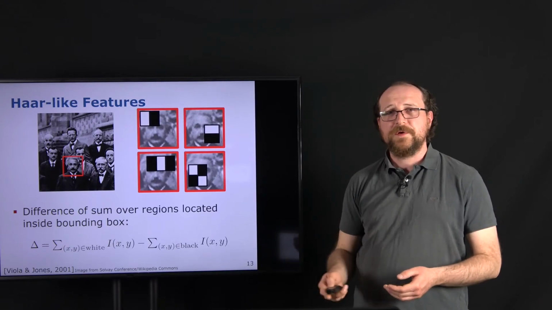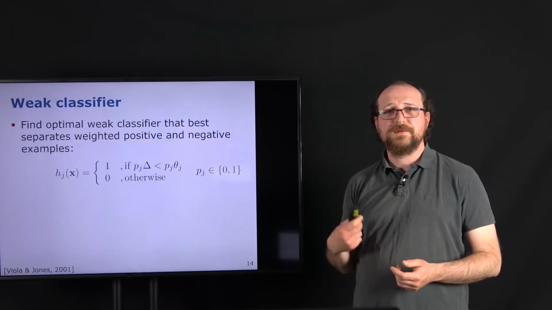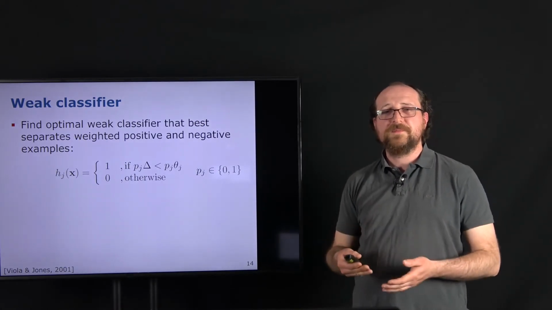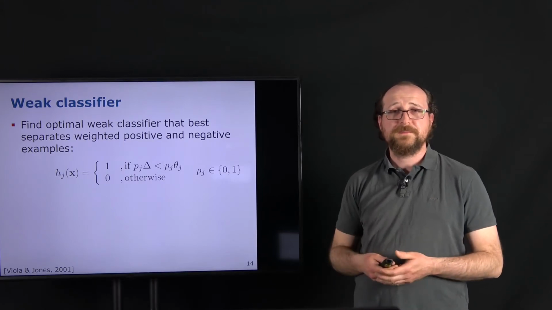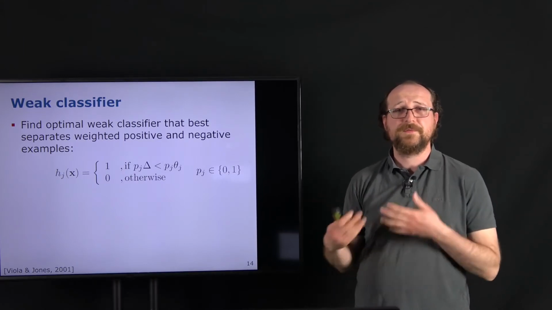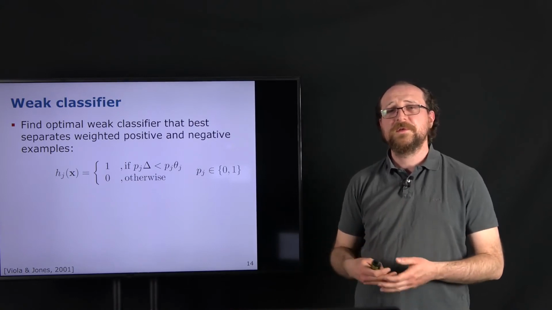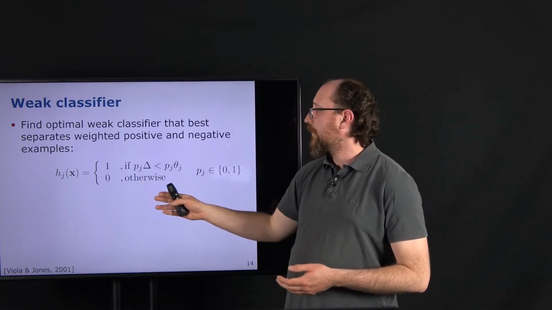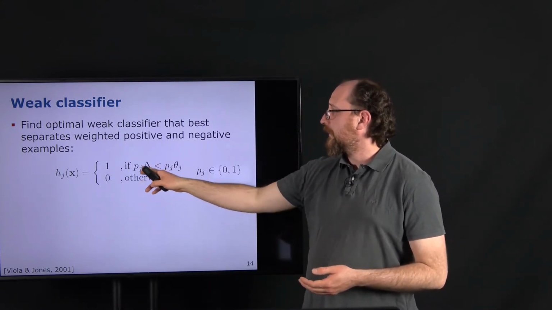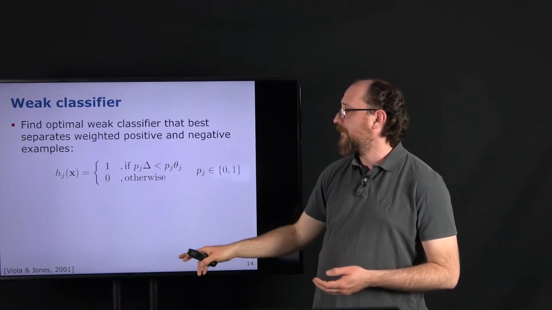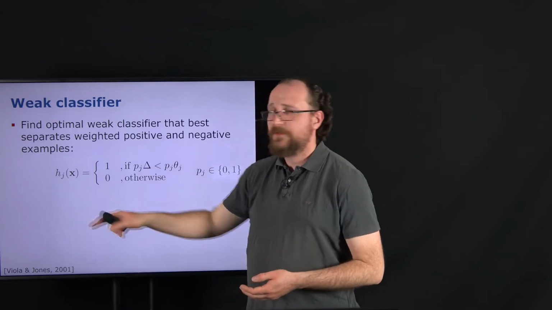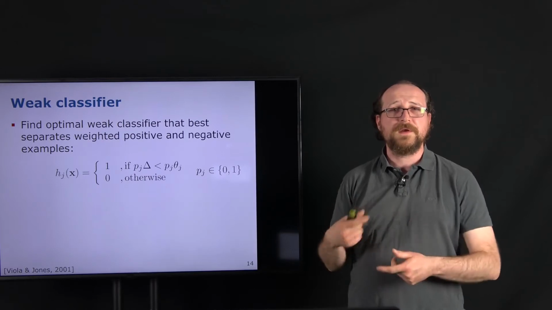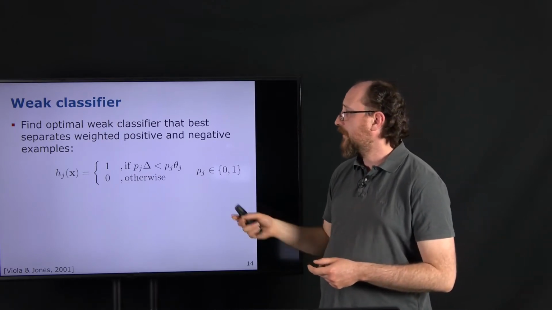For the AdaBoost approach, we are now using just the simple decision stump classifier, which finds the best separation between the weighted positive and negative examples. You remember this from the AdaBoost lecture. AdaBoost is weighting the examples, and using these weights, we are now finding the decision functions. It is encoded like this here, which is just checking if the difference that we find with the specific feature, where h_j corresponds to a specific location in the detection window where we are evaluating our Haar feature, passes a threshold.